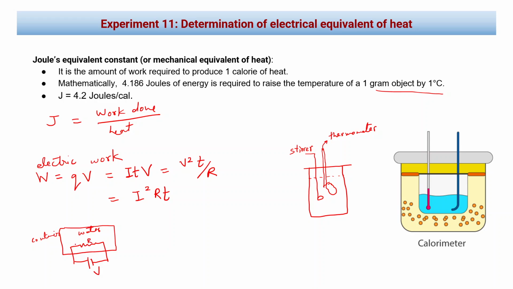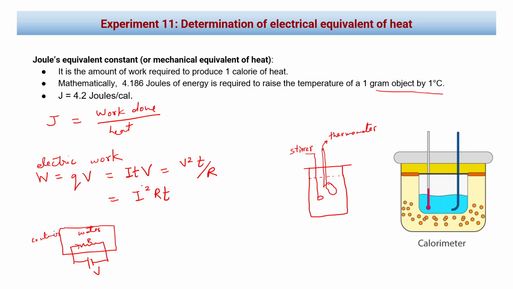Since there is current flowing, there will be heating; that heat will be released by this coil and absorbed by the water, and by measuring the increase in the temperature of water, we will try to find out Joule's equivalent of heat.